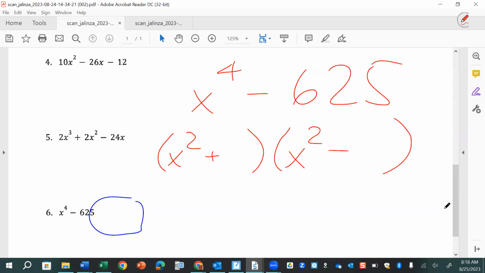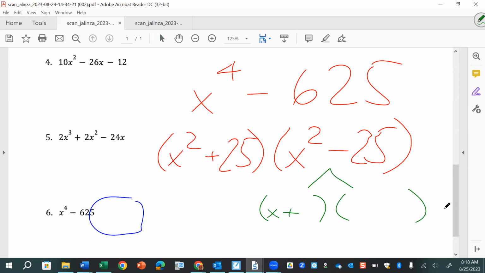Yeah. All right. And then you keep going. What's that guy going to turn into? X plus or minus positive 5, negative 5. Okay.